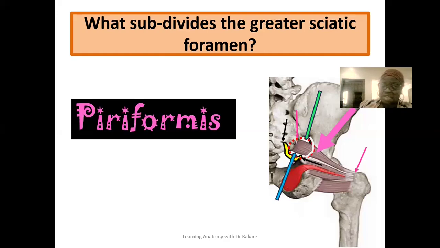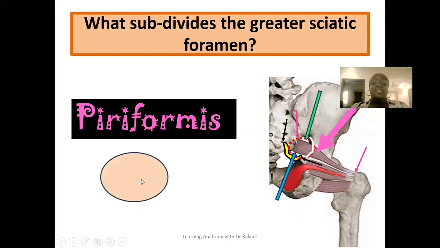If you try to use another image here, let's say this is where you have the configuration of the greater sciatic foramen. And if you look at it, you have the piriformis running through this greater sciatic foramen in this pattern. And this is what is highlighted here in black. So this piriformis is then seen to create a space above it, of course, still within the greater sciatic foramen, and also another space below it.